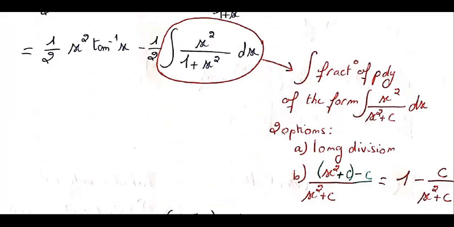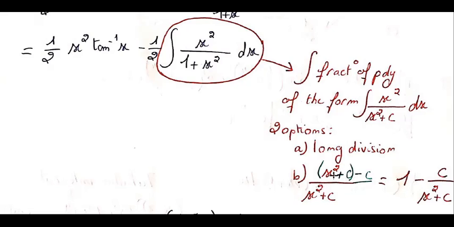To solve it, we have two options. Either we do a long division, so we divide x squared by x squared plus c, or we add c and we subtract c in the numerator, so we get x squared plus c minus c over x squared plus c, which becomes 1 minus c over x squared plus c.